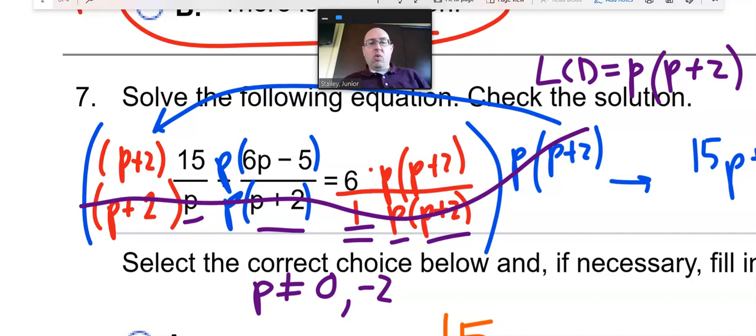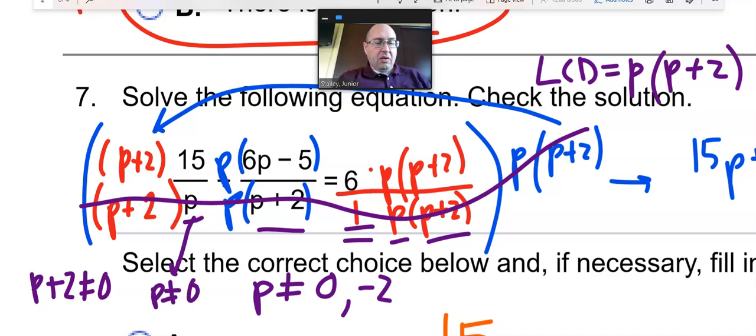Now, if you don't understand why, set the factors in the denominator not equal to 0 and solve them. Well, one's easy. And the other one is where I get the negative 2 from. So, if those numbers show up, I have to toss them. Okay? They're called restrictions on the denominator.